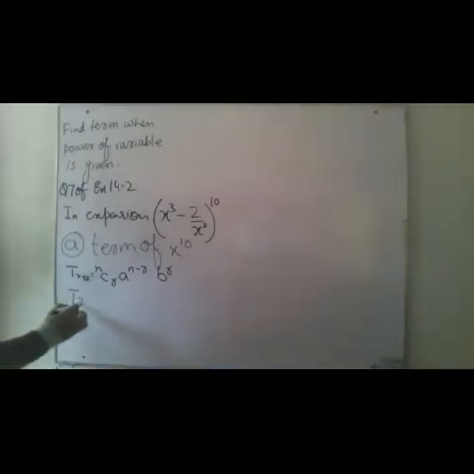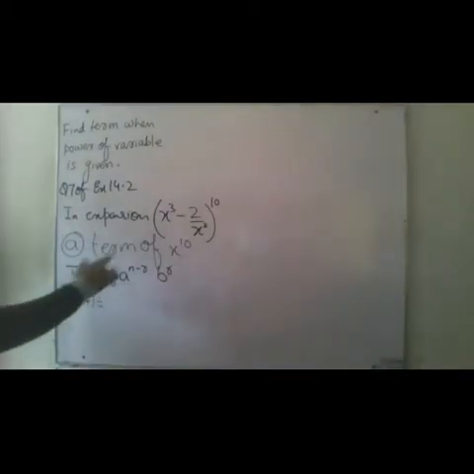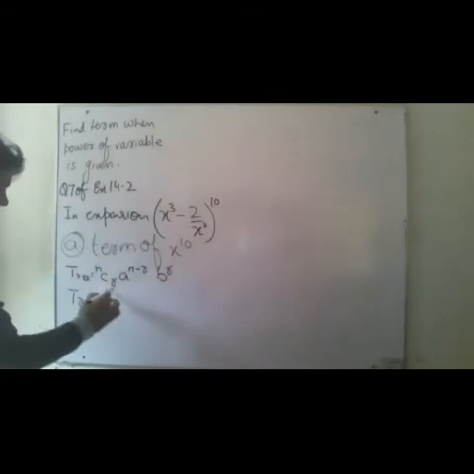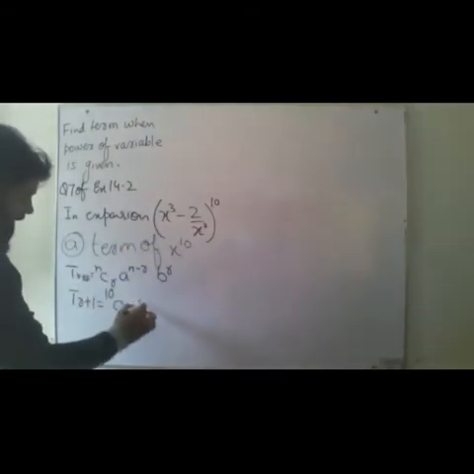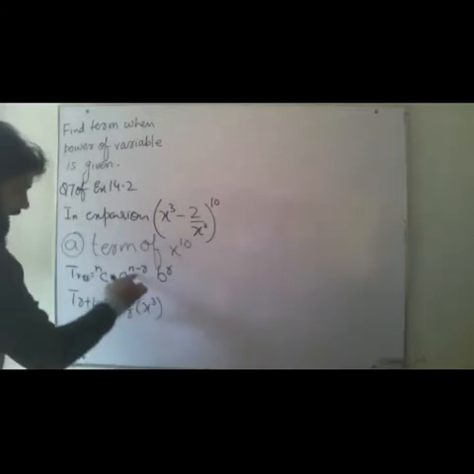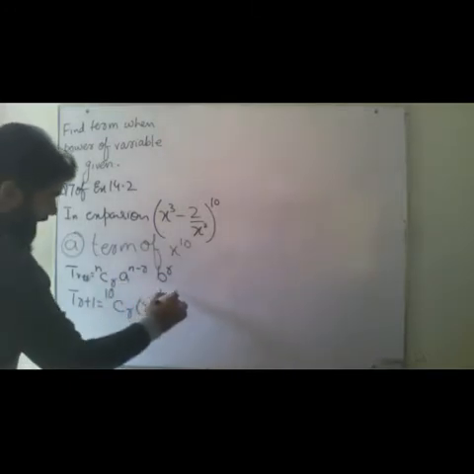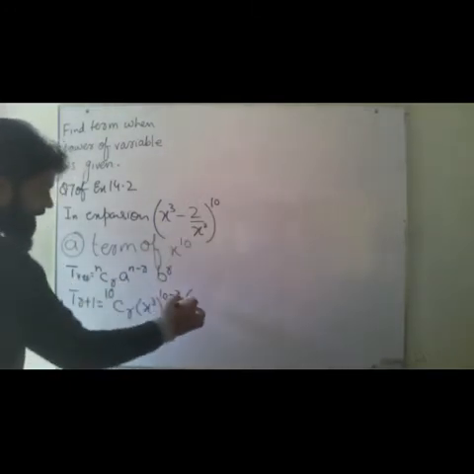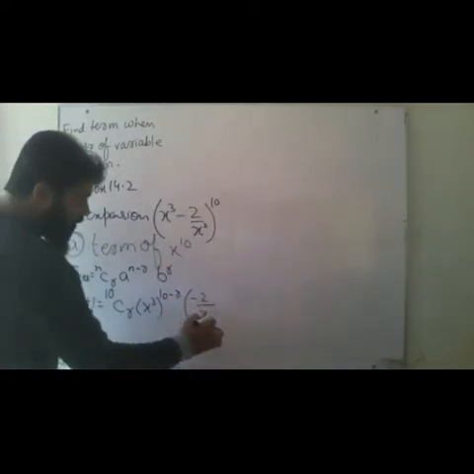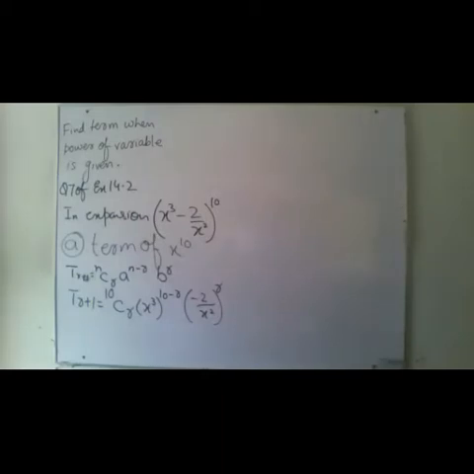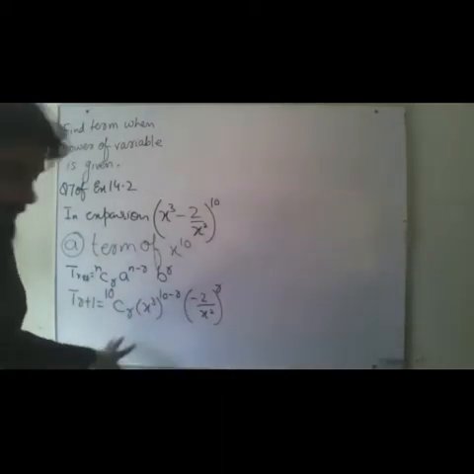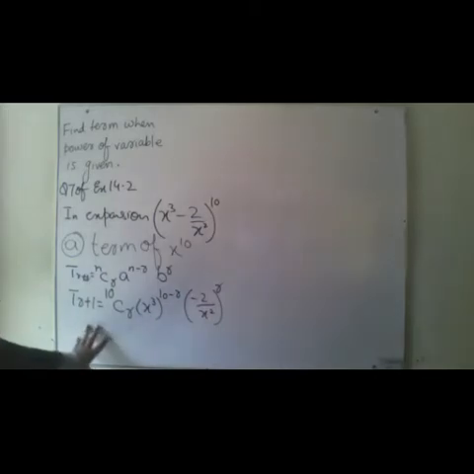So I'm keeping it T r plus 1 and the total number that is given, 10Cr. What is a given? x cube, n minus r means 10 minus r, and b is minus 2 over x square, whole power r. Okay. So I have written it in terms of r. I don't know the value of r. That's why I've just written it like this.